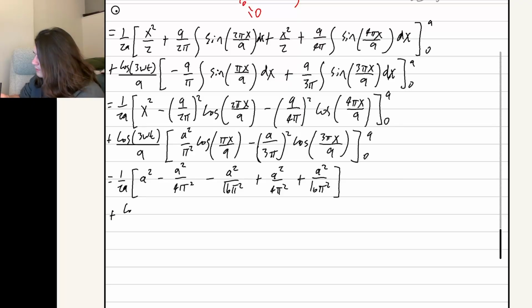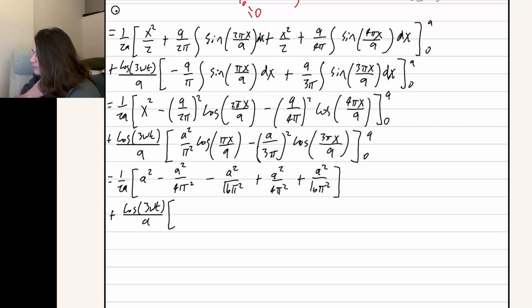And then we have the funky time-dependent term where we're going to have a squared over pi squared. Cosine of pi is actually minus 1, so we're going to have minus a squared over pi squared. Then the cosine of 3 pi is actually minus 1, so we're going to add a squared over 9 pi squared.